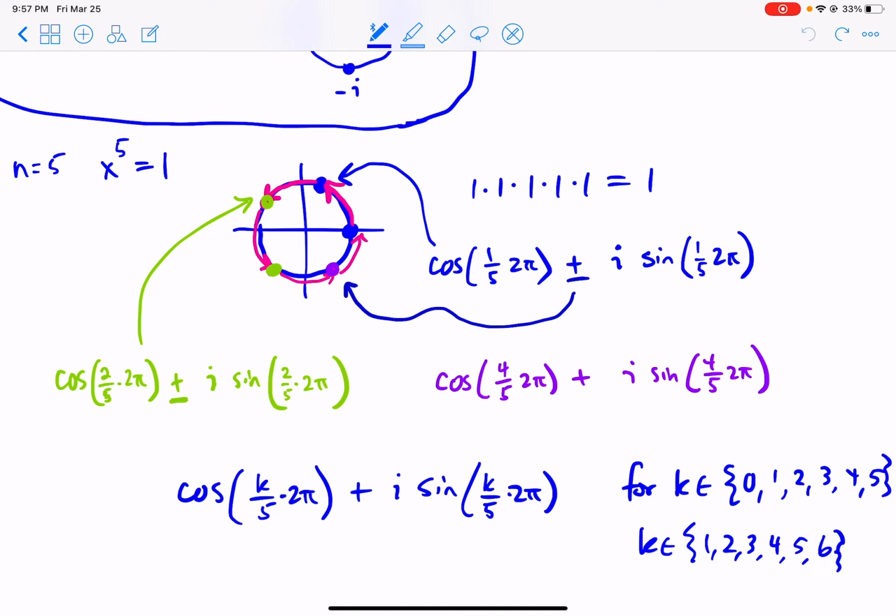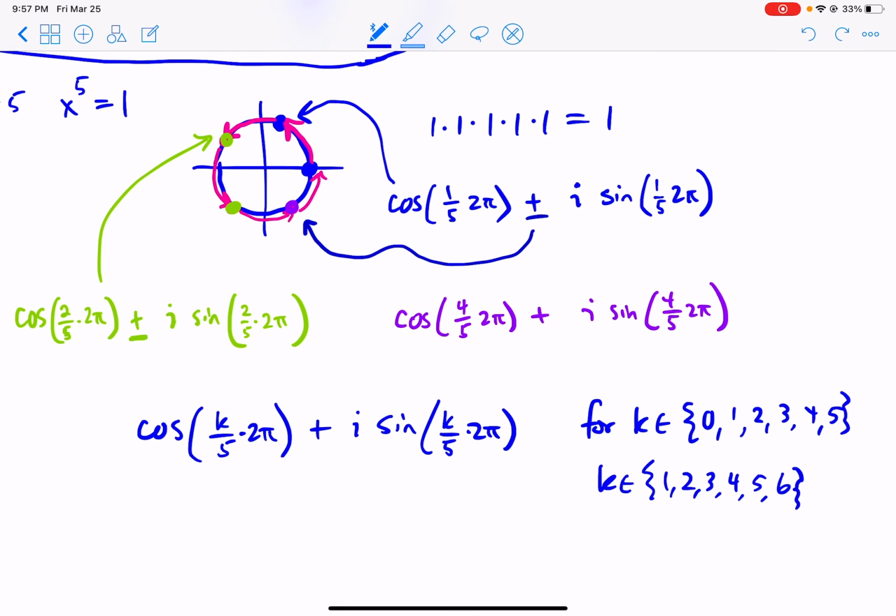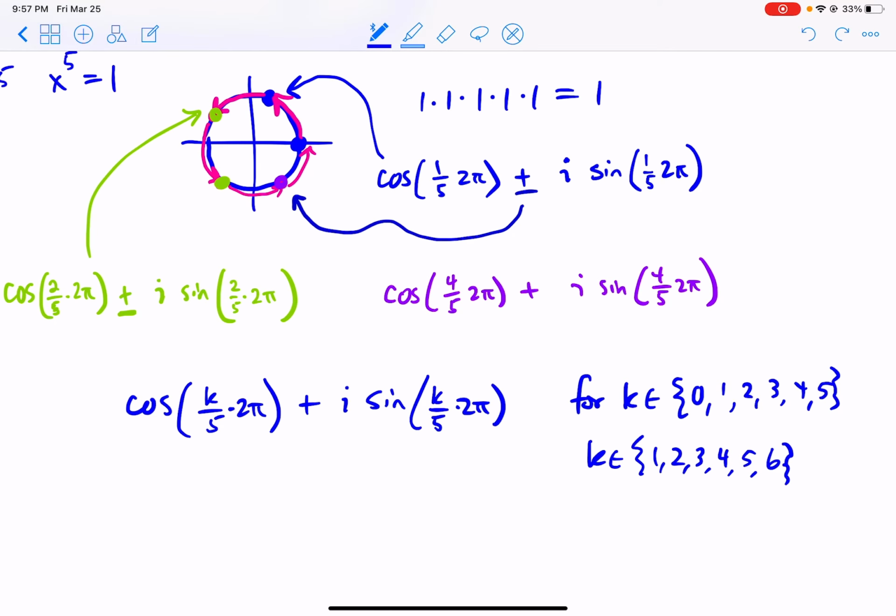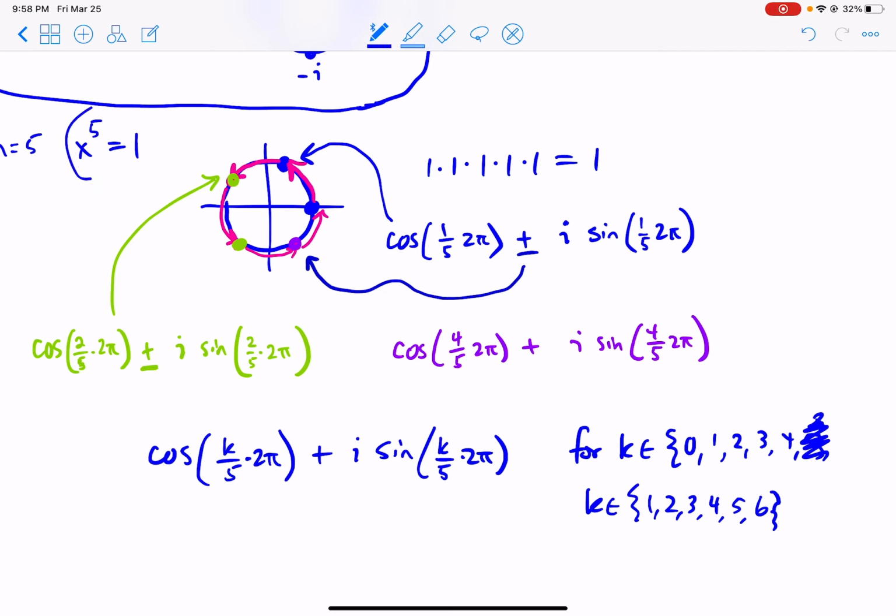That is wrong, because actually the 5 and the 0 are going to give us the same number. So we don't need that one, because these are fifth roots of unity. There's the denominator, some fifth, and so 5 of them gets us back to 0. So we only need 0, 1, 2, 3, 4.